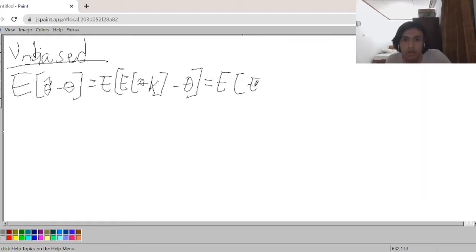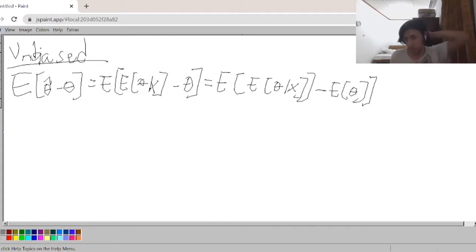Now we can check the first term, the conditional expectation of x. This corresponds to the data, as we have seen in the previous explanation of this conditional expectation.